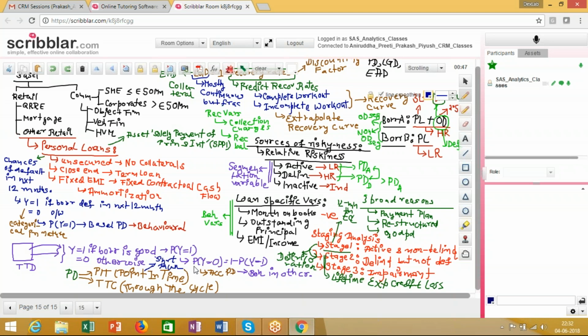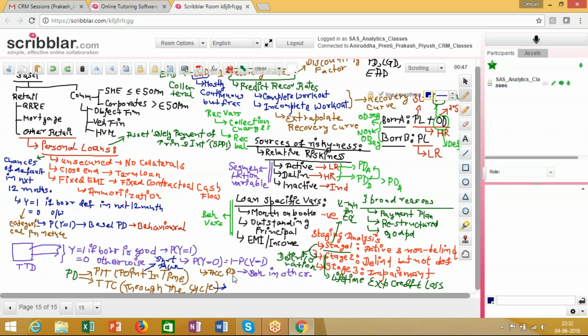And when you look into the second term, the through the cycle PD, the question that comes out is what exactly is this through the cycle PD? When I talk about through the cycle, it clearly says that it is a PD estimate which comprises data over a given business cycle.